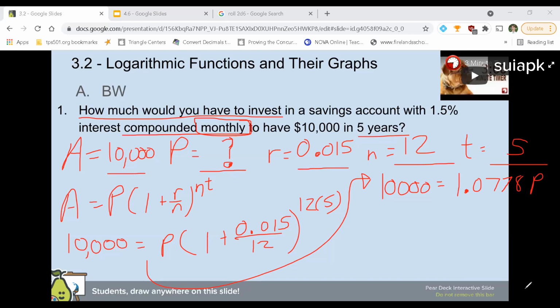Yep. You already have it. And then to solve this and get P by itself, what's the last thing we need to do? Divide. That's right.